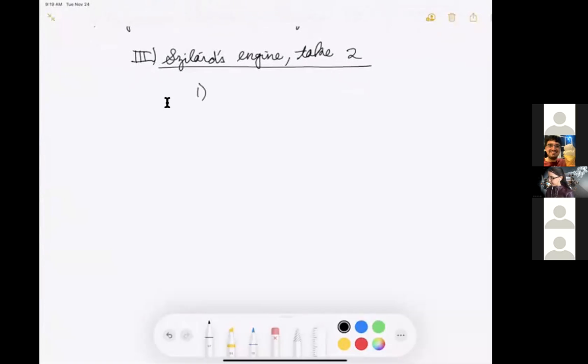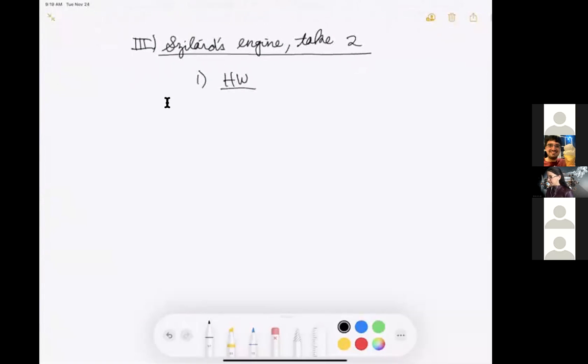First, we had our homework problem, which is also a small engine, so it's at least related. We said that the synopsis of Szilard's engine is information plus heat yields work.